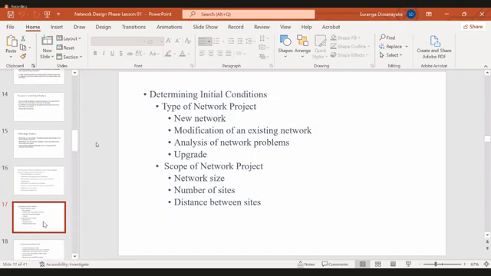Okay. Determine the initial condition, the type of network project. Is this a new network, or do we need to modify the existing network, or the kind of things? The modification of an existing network, the analysis, the network problems, the upgrade. Okay, we'll discuss that one. Sorry, we have already discussed the idea. If you want to design a network, you need to check the existing network and get an idea.